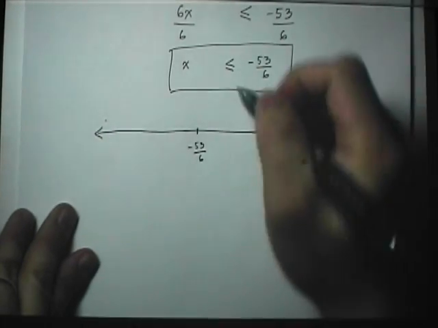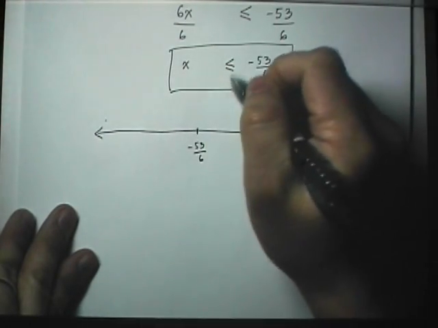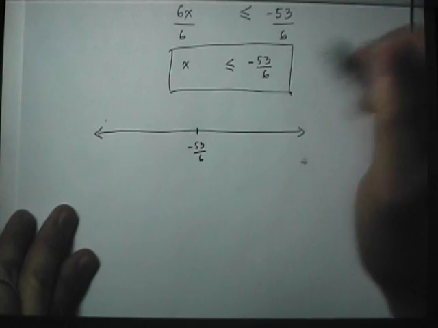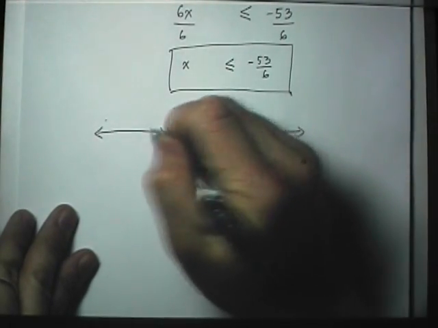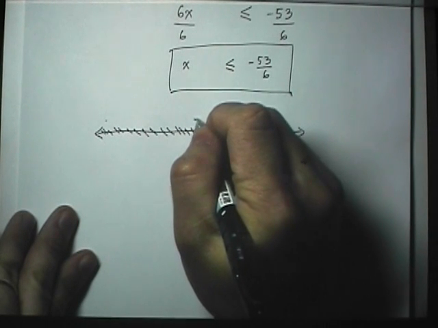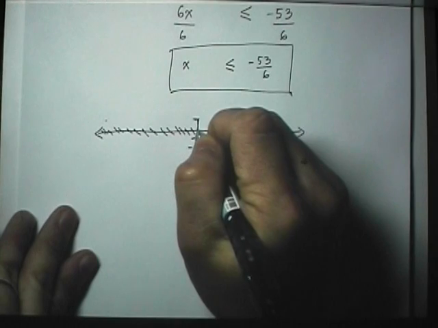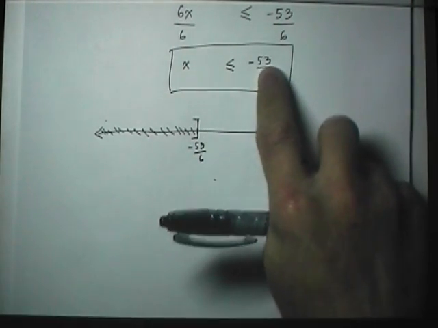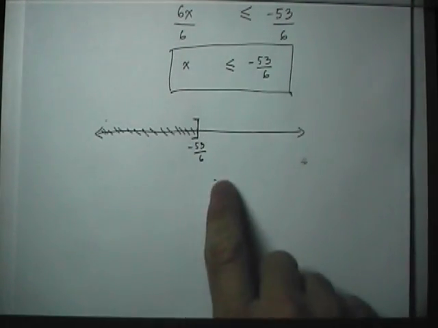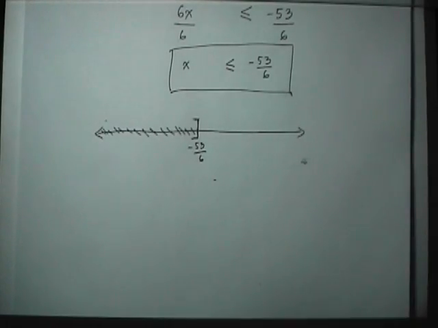And then this time we want any x value less than or equal to negative 53 over 6. So I'm going to shade, of course, to the left-hand side. And then I'm leaving a bracket right on negative 53 over 6, because once again, negative 53 over 6 is included as part of the solution. So now that's how I graph it.